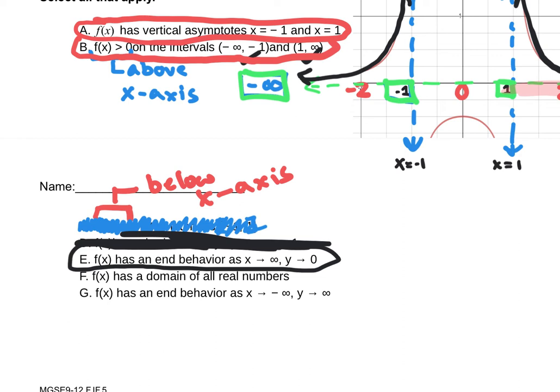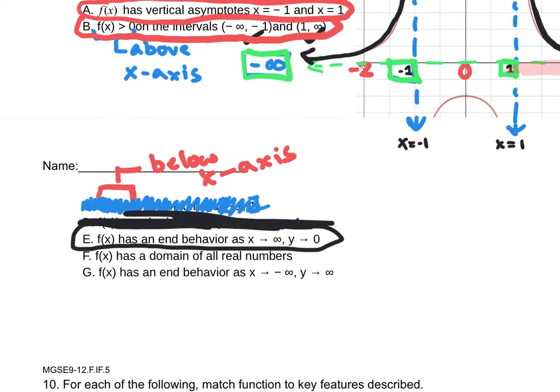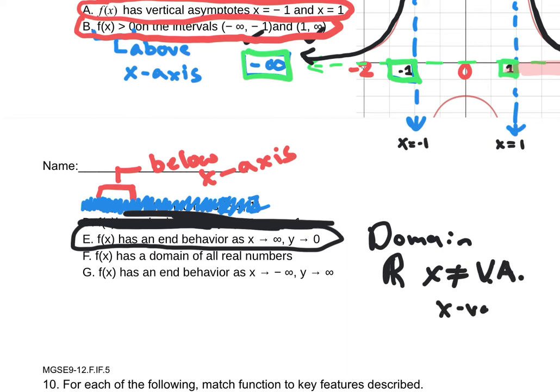F of x has a domain of all real numbers. Okay, now this is somewhat correct. But let's remember what we talked about our domain restrictions were. So, domain is always all real numbers except x is not equal to vertical asymptotes and the x value of the hole.